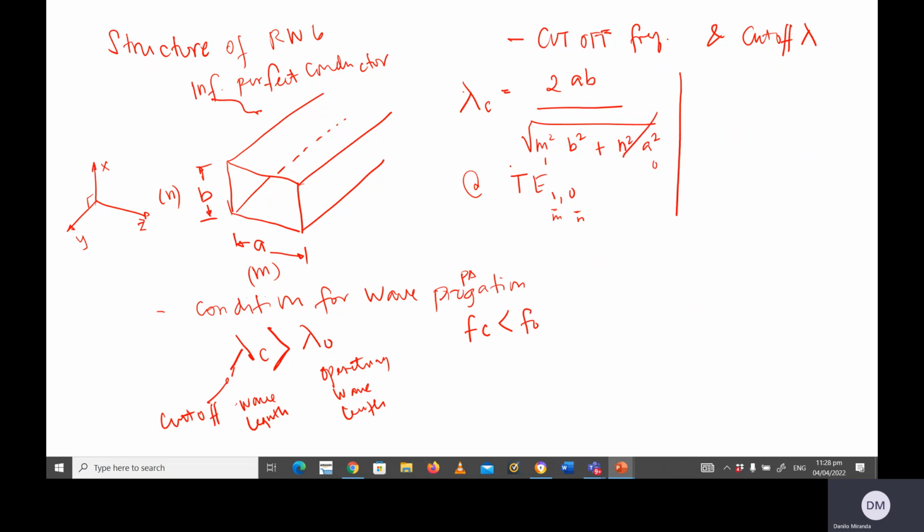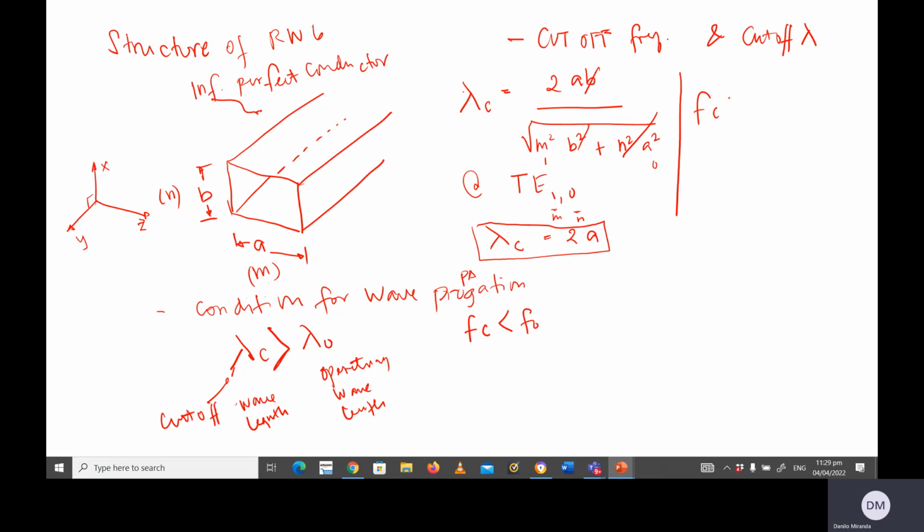So meron ka ditong square root of B square, which is B, cancel ang B. Kaya nga, the cutoff wavelength is equal to 2A. Okay. Yan. Isang formula.